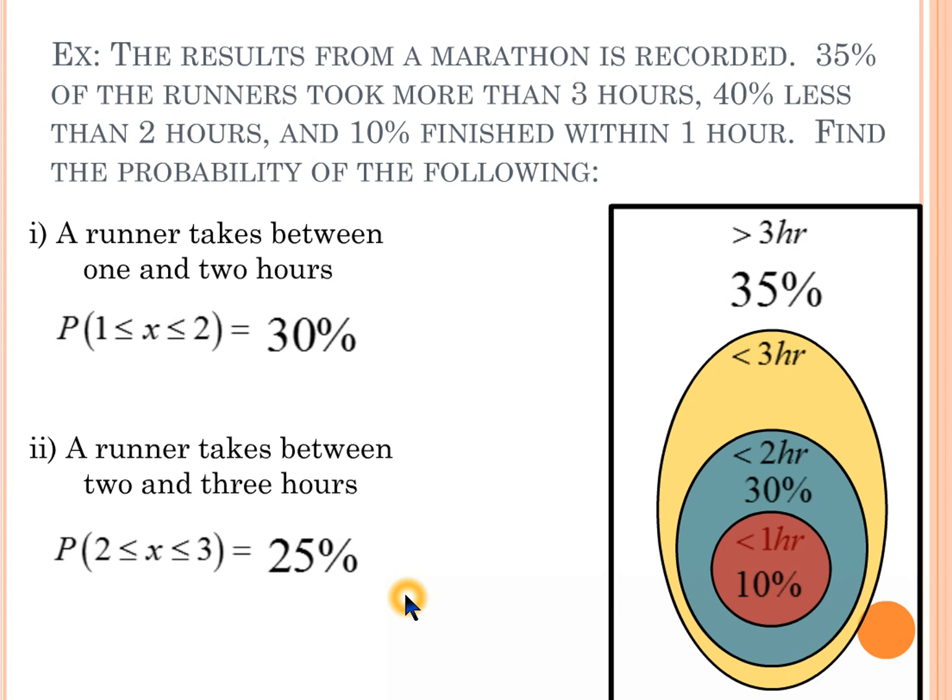How do we get 25%? Well, I know that 35% of the runners took more than 3 hours, and 40% of the runners finished in under 2 hours. So if you're between 2 and 3 hours, what's the missing region here? If you have 100% minus 35% minus 40%, that will give you the 25% there.